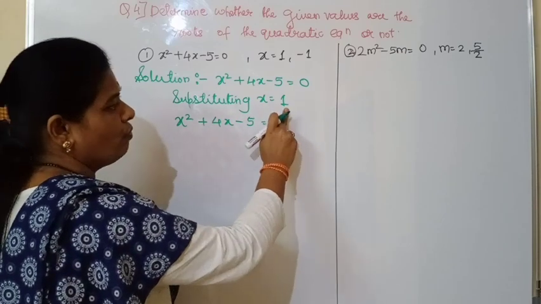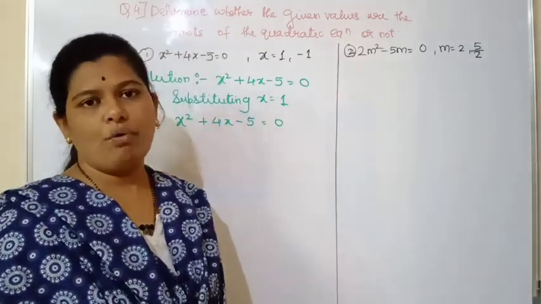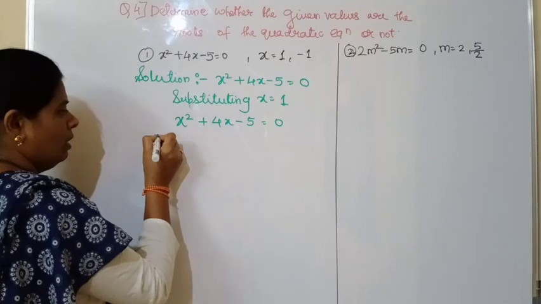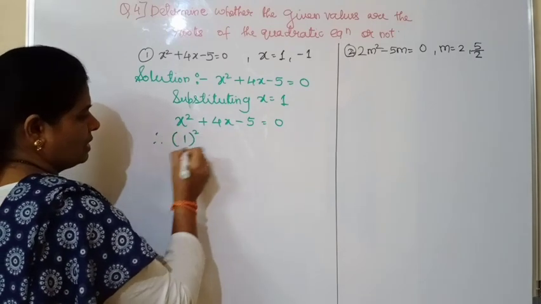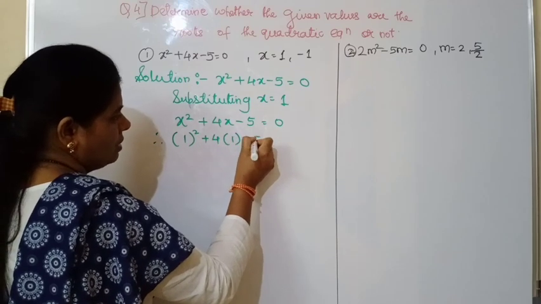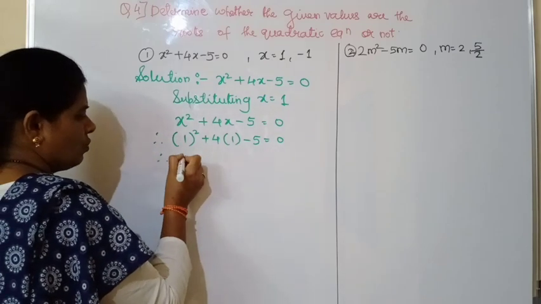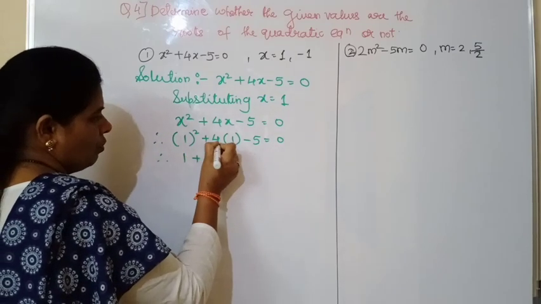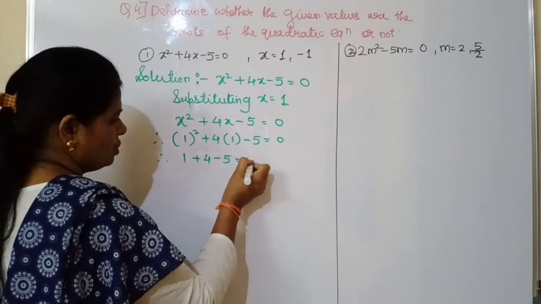In place of x we substitute the value 1. So 1 square plus 4 into 1 minus 5 equal to 0. Now 1 square is 1, plus 4 ones are 4, and minus 5.